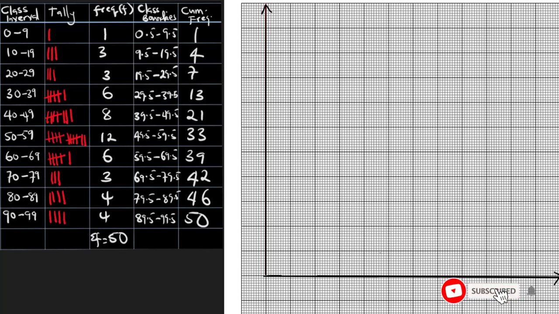We are going to use the upper class limit of each class boundary, which we also call the class mark. So the next thing to do is to find a suitable scale that will make our graph fit in the available space.